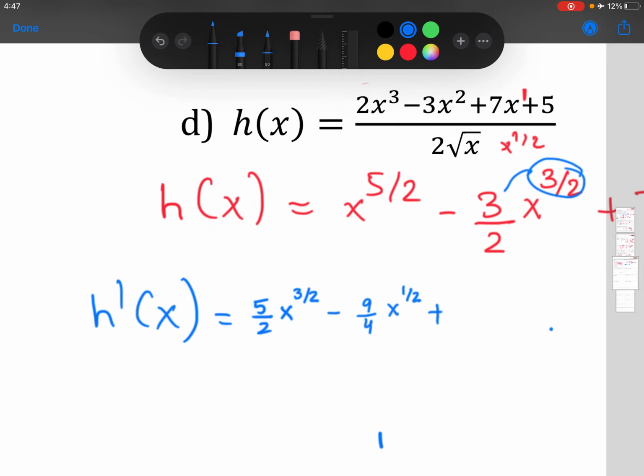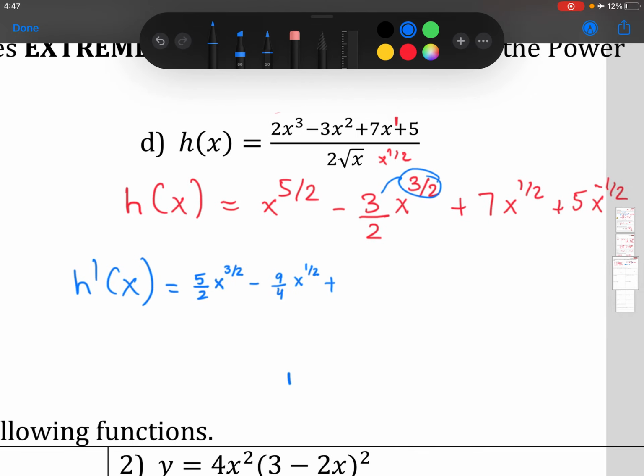Plus, what is the next one? This would be what? 7. Oh, this was 7/2. My bad. I forgot to copy this too. So this would be 7/4. 1 half minus 1 is negative half, right?